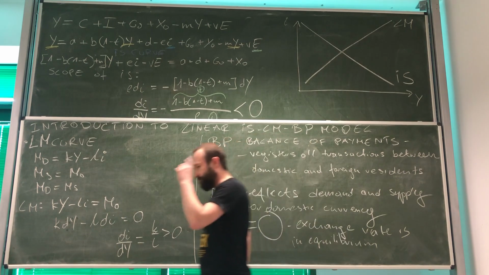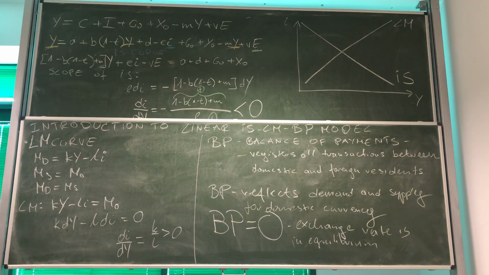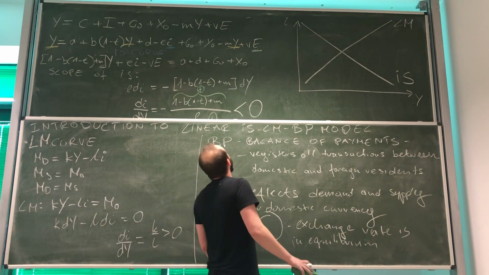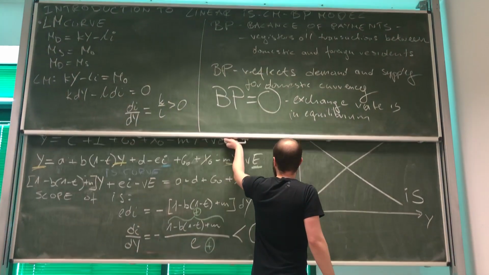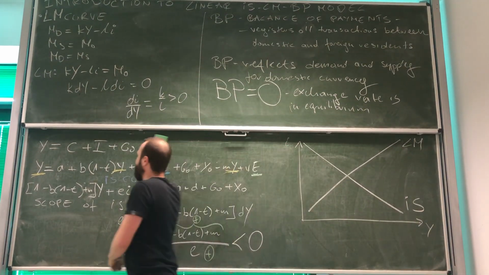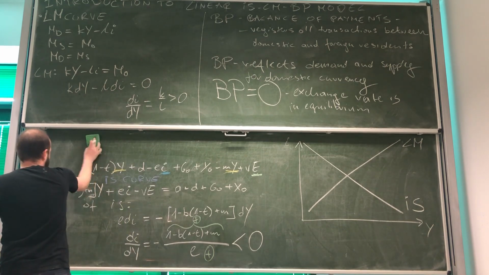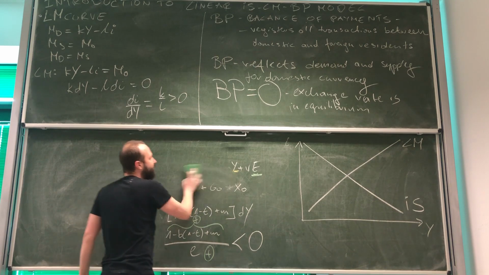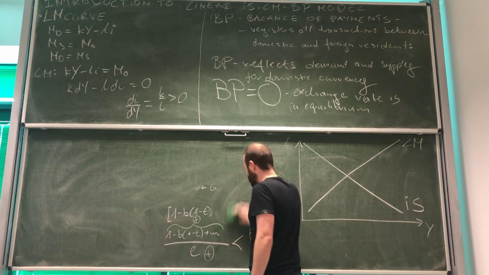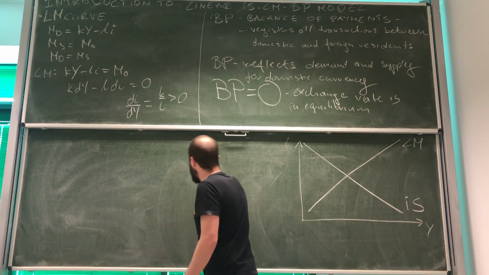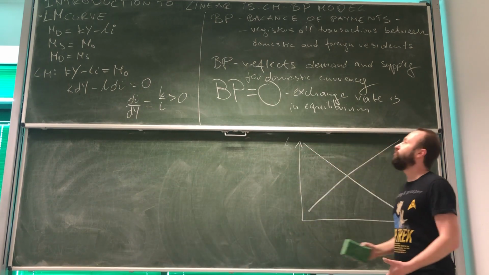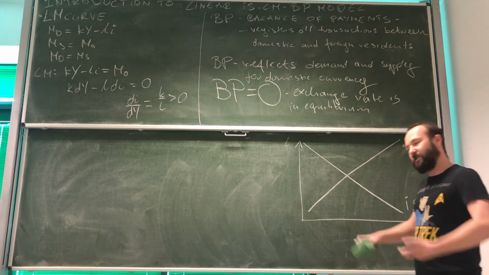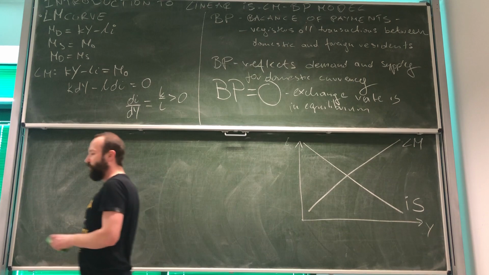Okay, but now let's get into it from a slightly different perspective. Balance of payments registers all the transactions between foreign and domestic residents. Of course, we will not include all of them in our model because that would be too complicated.